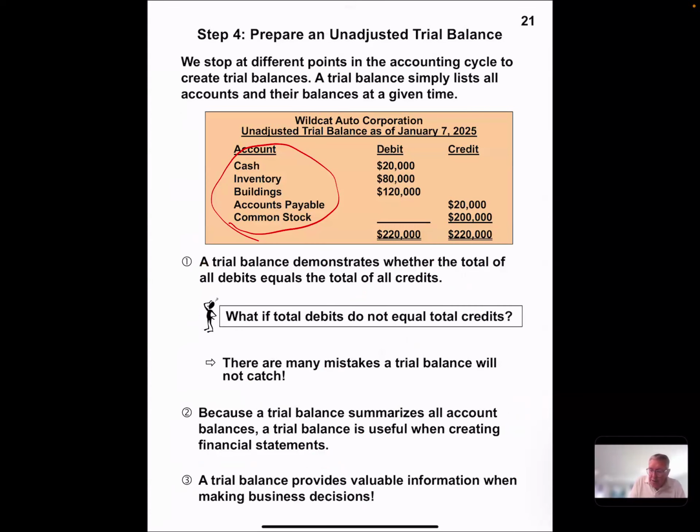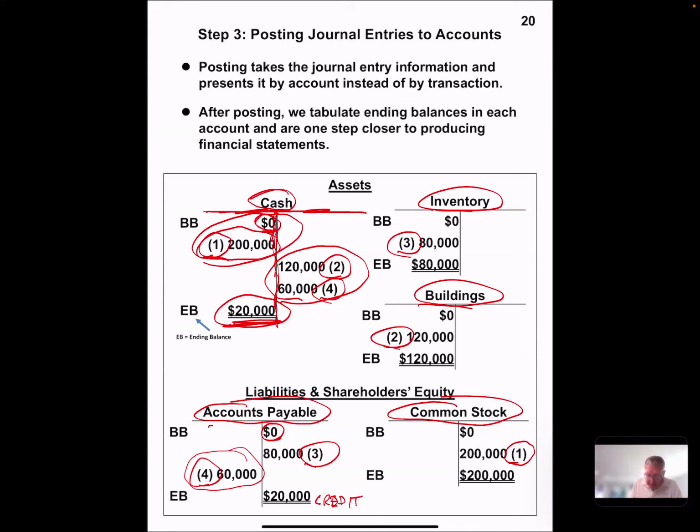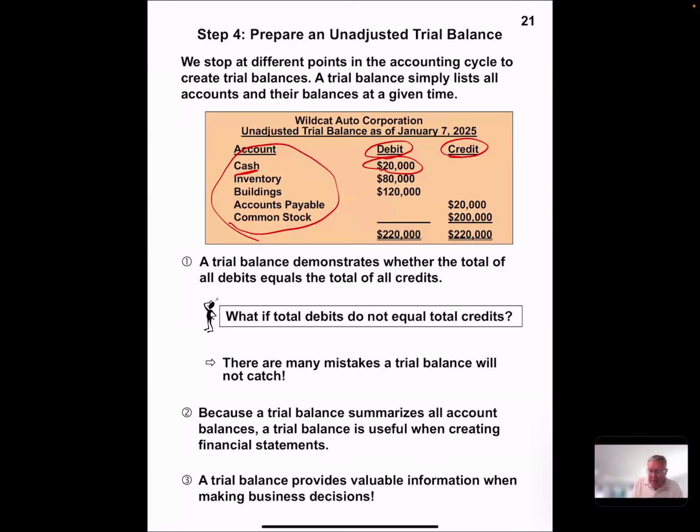So we'll set up two columns here, a debit column and a credit column. And we'll record, well, cash at a $20,000 debit balance. If we look at accounts payable, it had a $20,000 credit balance. So here's accounts payable, $20,000 credit balance.